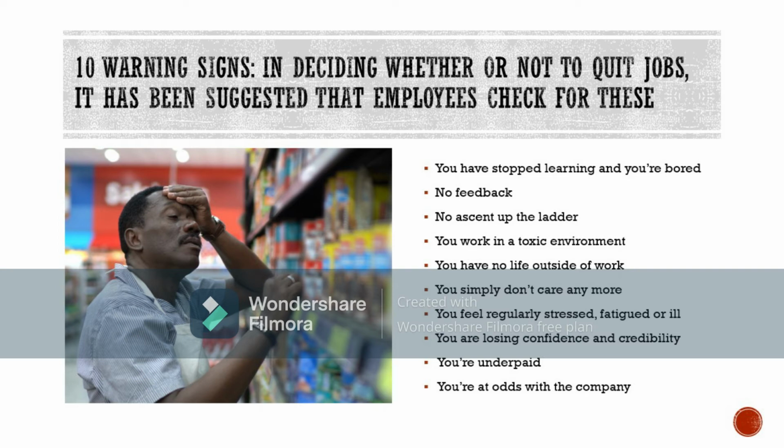You simply don't care anymore. You feel regularly stressed, fatigued, or ill, burned out. You are losing confidence and credibility in the organization, with your superiors, and with yourself. You're underpaid. You're at odds with the company. We can see from this list how these decision criteria are a different way of describing many of the strategic factors listed for employees of this company, Chance Lotteries.